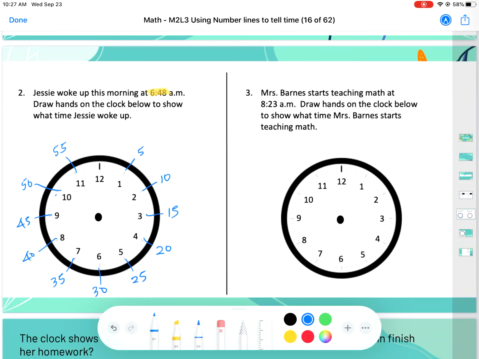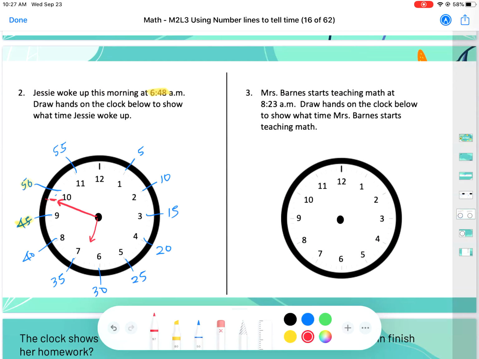Since here is my 40 and here is my 45, I know that 45 falls between these two numbers, which is about here. So I'm going to draw my longhand first, and we know that 48 passes the half. So the shorthand should be somewhere between 6 and 7, but closer to 7 because it's only 12 to 17.